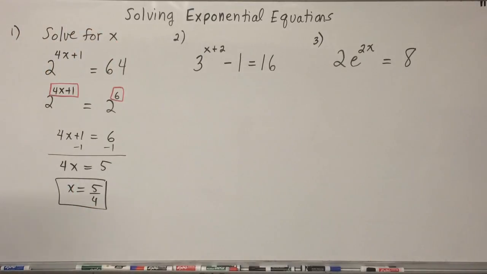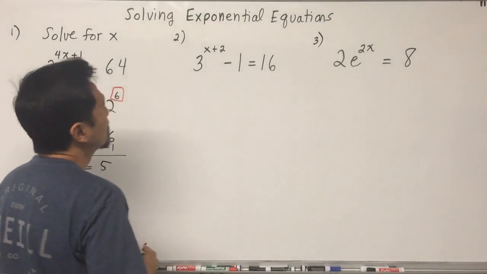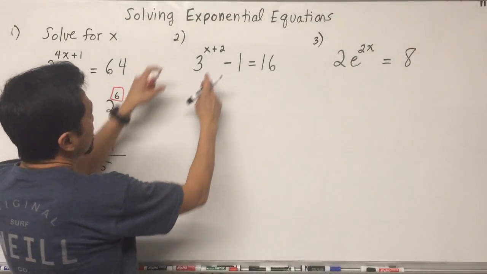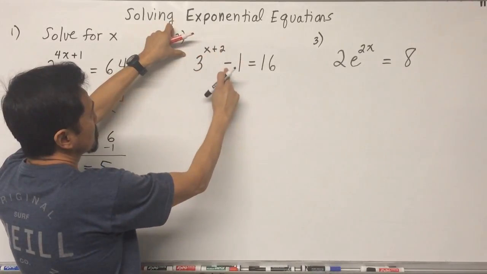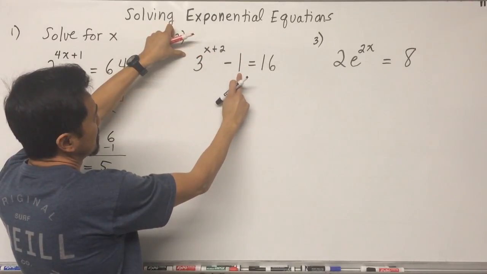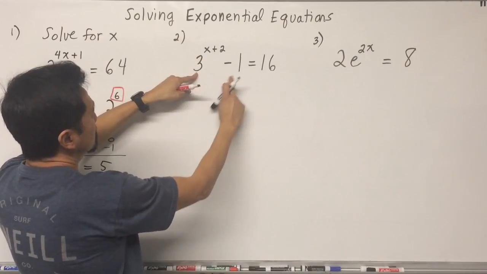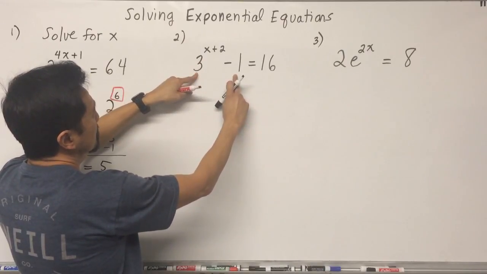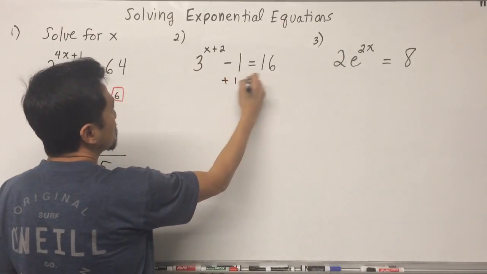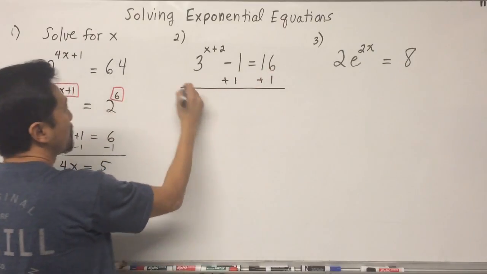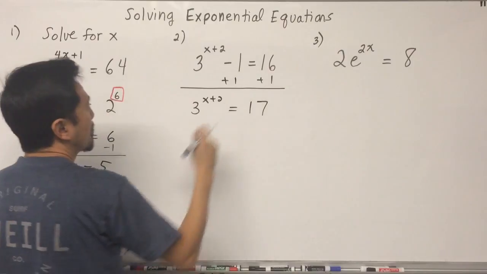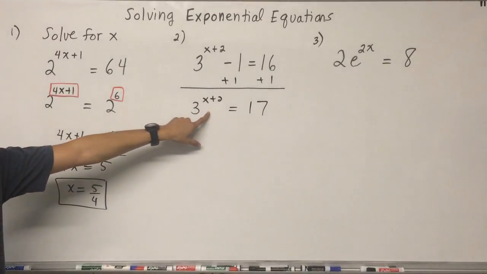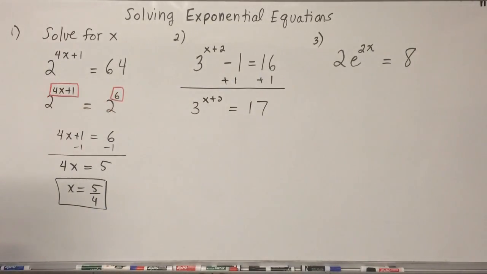Okay. Now, the next example, our exponential function needs to be isolated because we're subtracting 1 from it. And there's no way that I can combine these two terms together. So we'll simply add 1 to both sides. And now I have a similar equation to this one over here.